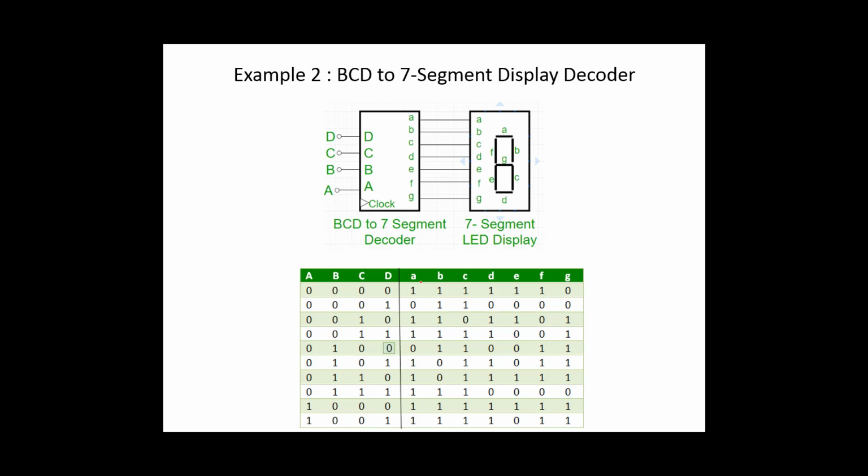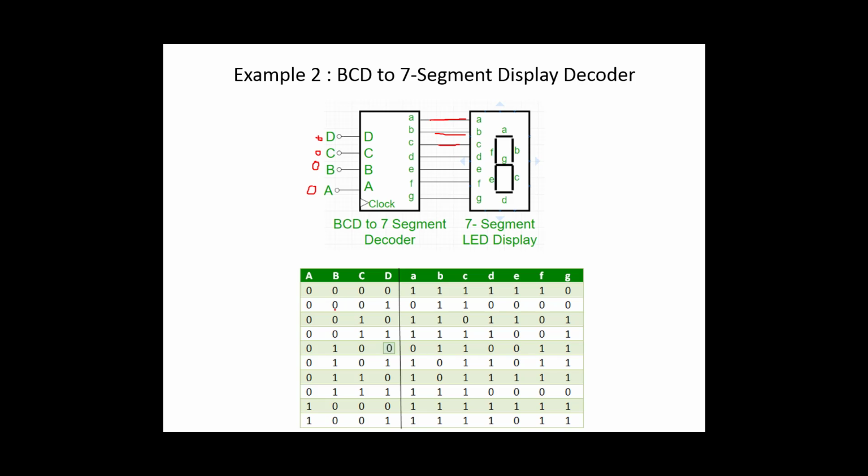And A, B, C, D, E, F, G are the individual signals of LEDs that are a part of the display. So when 0 0 0 0 is supplied to the input of this display decoder, 1 1 1 1 1 1 up to F, all segments are 1, whereas G is 0. So this produces a 0 at the output.